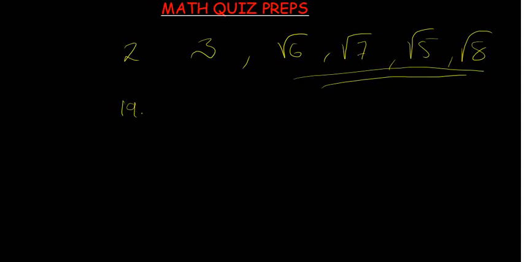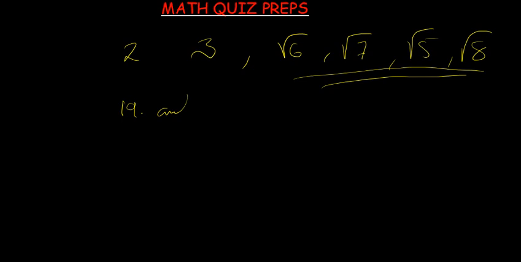So if you want to find complex numbers between 19 and 19.01, let's see what's the difference between 19 and 19.01. Who can tell us the difference? Yes.